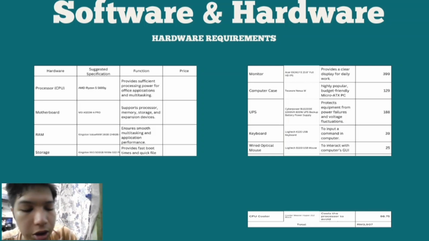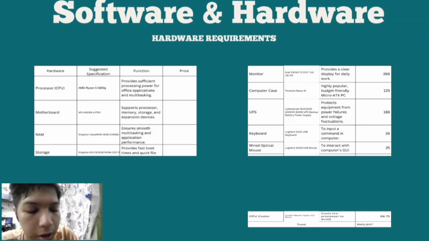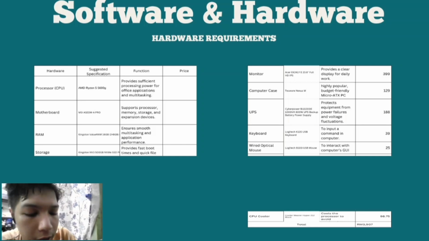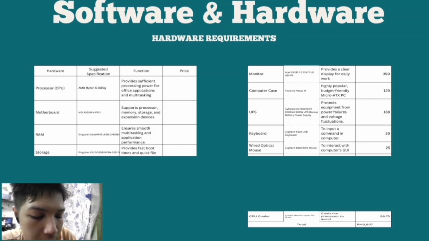For storage, we go with Kingston MV3 500 GB NVMe SSD. The 500 gigs of NVMe SSD provides much faster boot and loading speeds compared to traditional hard drives.